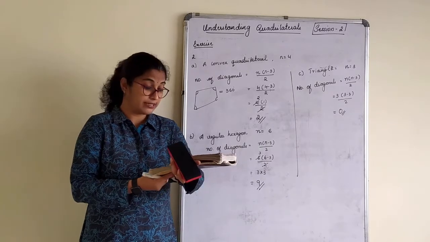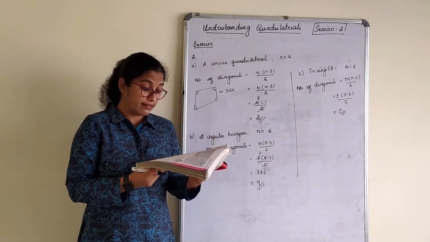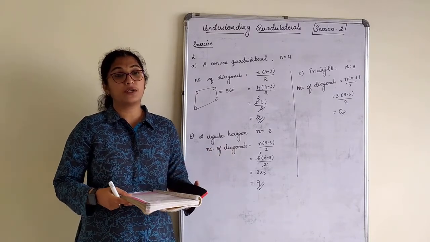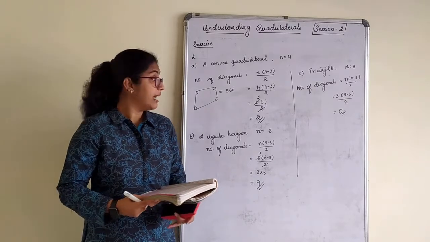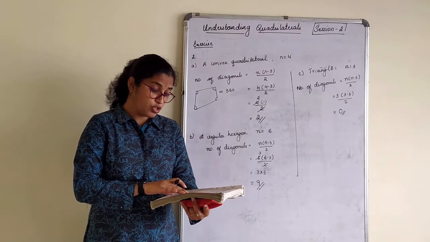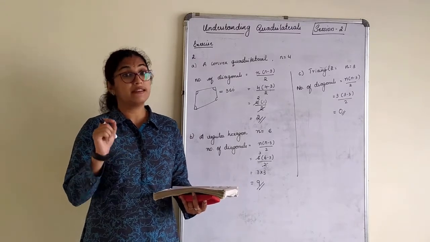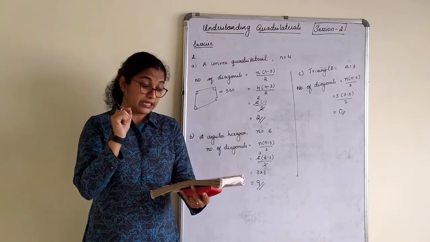So what you have to write here is: yes, this property will hold even if the quadrilateral is not convex, because the sum of the angles of the quadrilateral is 360 degrees. I'll repeat the answer from the beginning. The sum of the measures of the angles of a convex quadrilateral is 360 degrees. Full stop. Yes, you have to write yes.